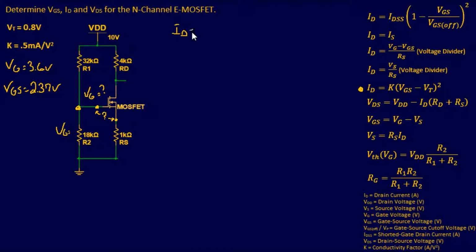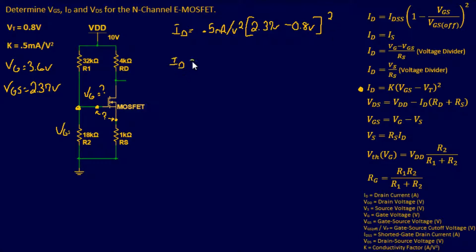So which means our K is 0.5 milliamps per volt squared, and that's going to be 2.37 volts minus your threshold, which is minus 0.8 volts, and then square.